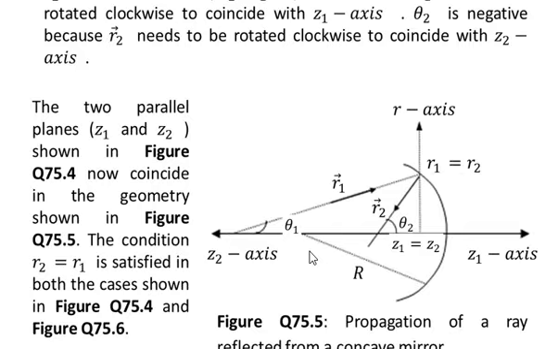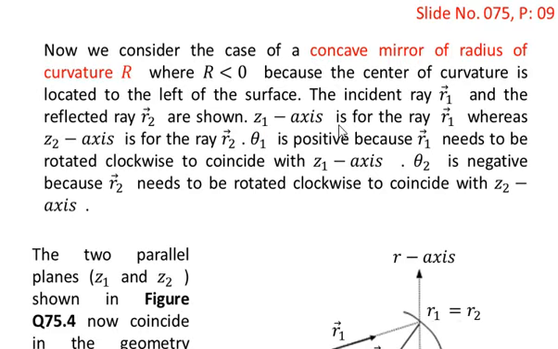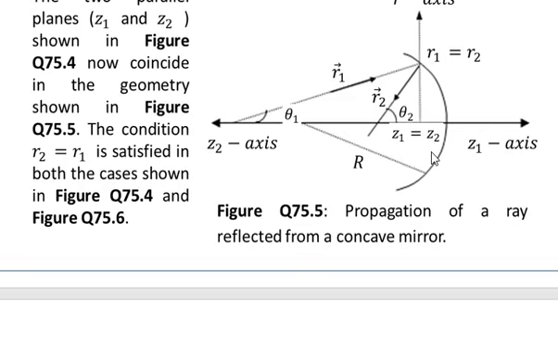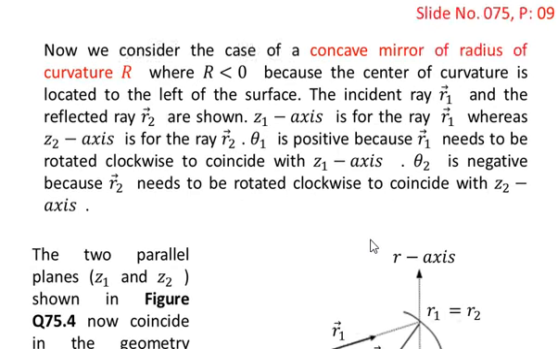Since the center of curvature is located to the left of the surface, that's why the radius of curvature will be taken as negative. For those surfaces in which the center of curvature is to the right side of the surface, those radii of curvature will be taken as positive. But in the current situation, we will take capital R to be negative.